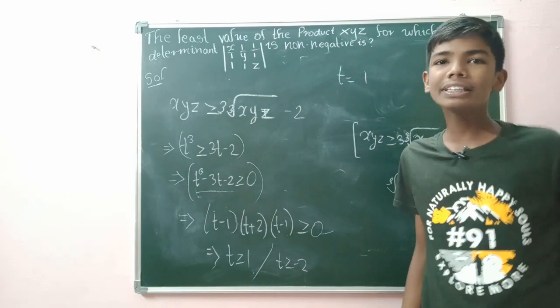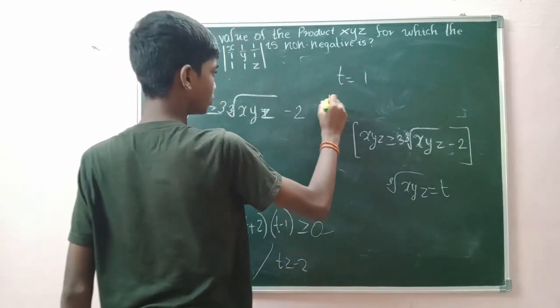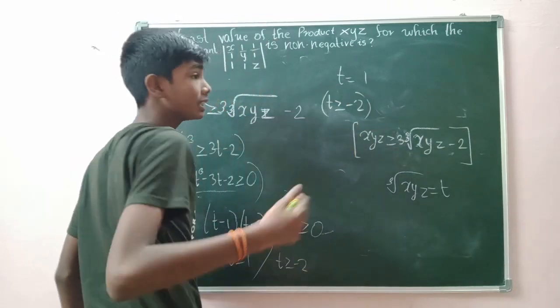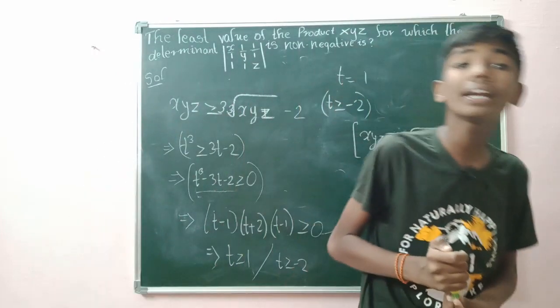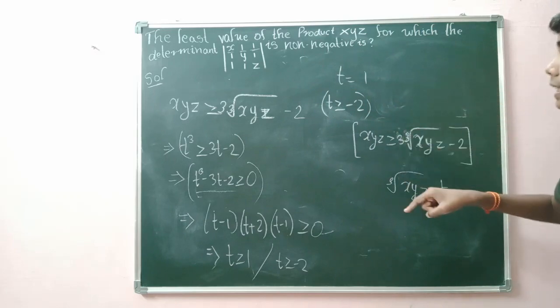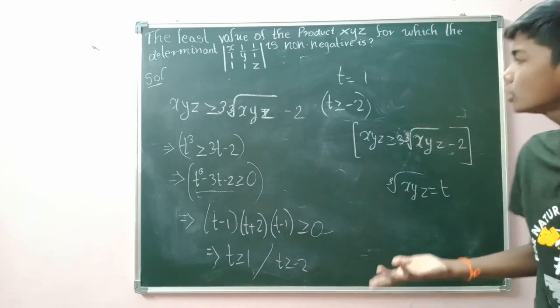Of course minus 2 is the least. So t greater than or equal to minus 2 is the correct inequality for this condition given in the question, because they are asking the least value of product xyz. Comparing 1 and minus 2, of course minus 2 is least.